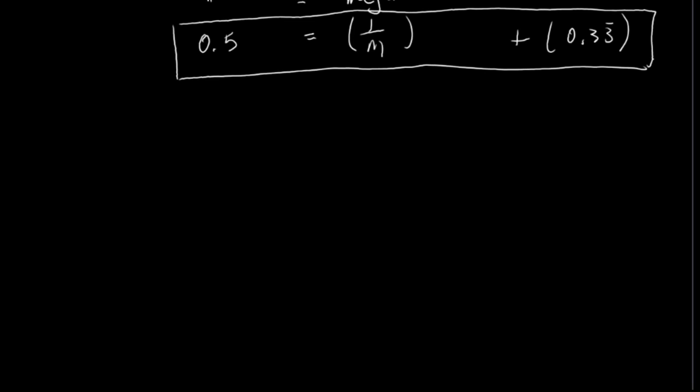Let's pick a nice blue color here. So now we're on to step 3. I'm going to convert the 1/2 into a fraction to be more accurate, equal to 1/m plus 1/3.